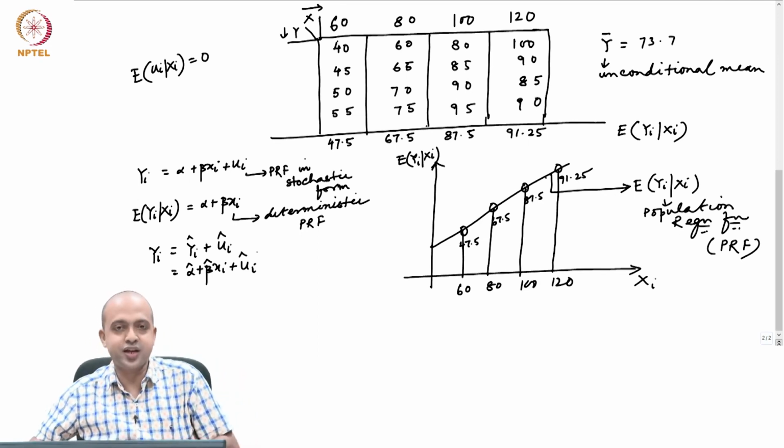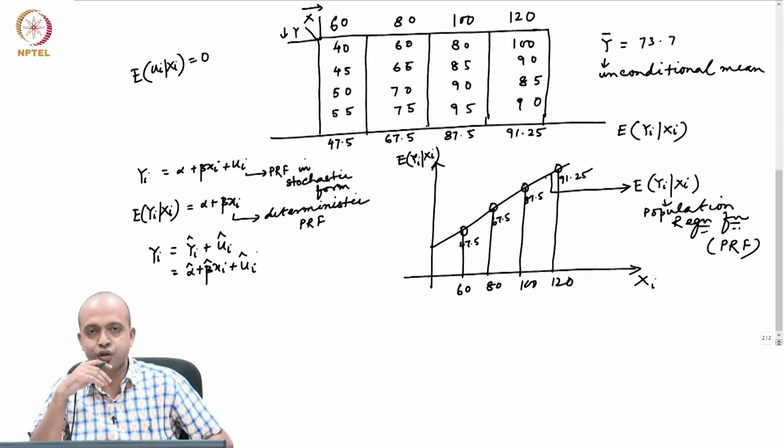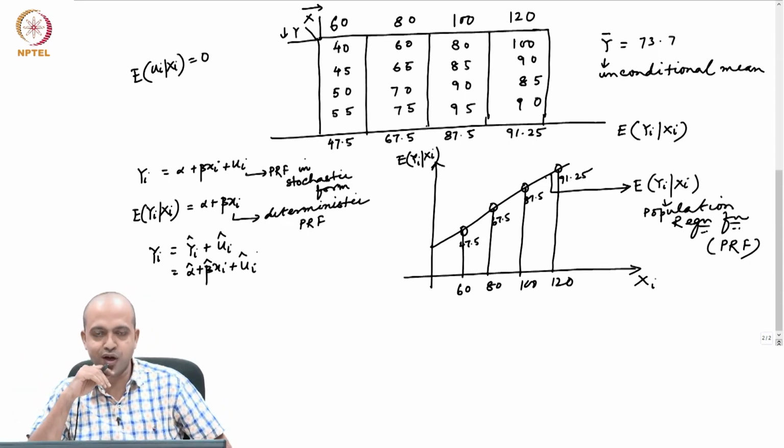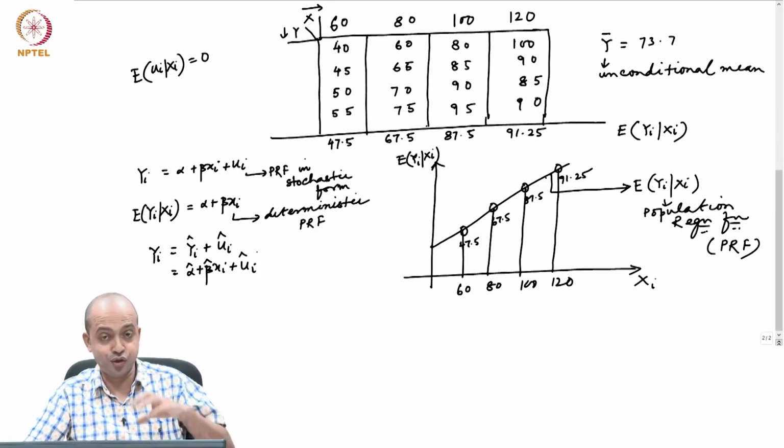This is the SRF, the sample regression function. Once you estimate the value of the true population parameters alpha and beta, you get alpha hat and beta hat, which are called sample statistics.